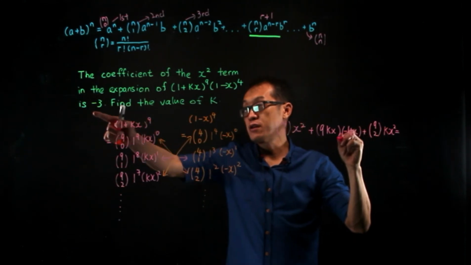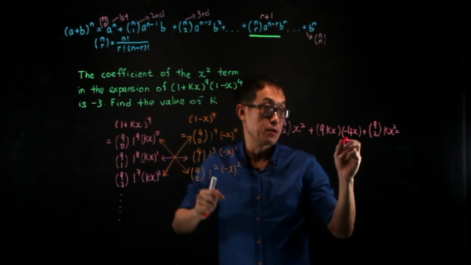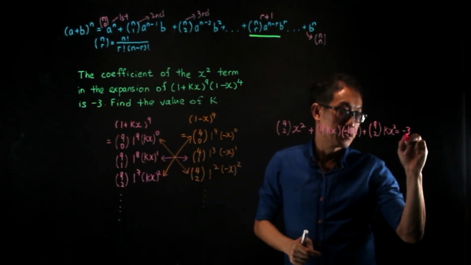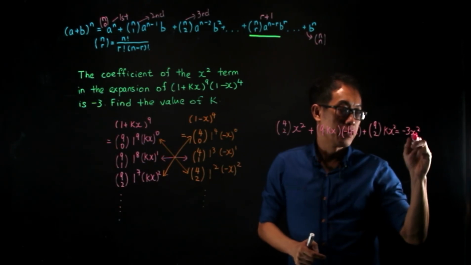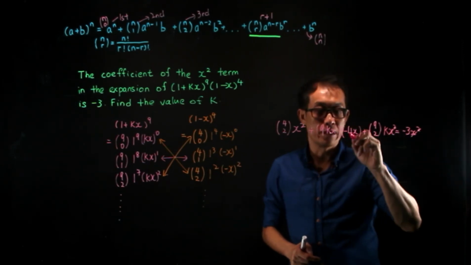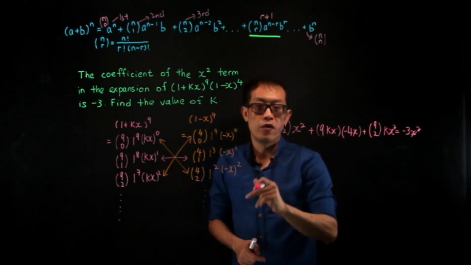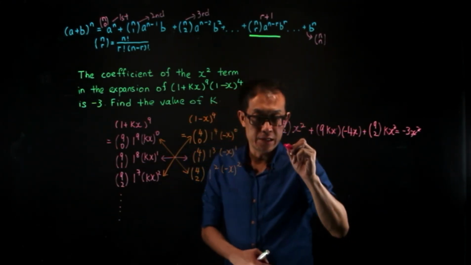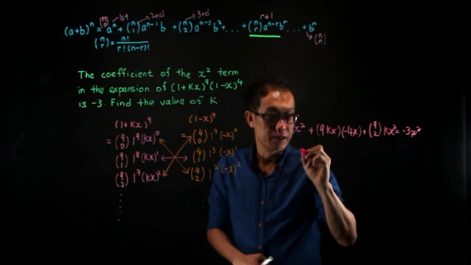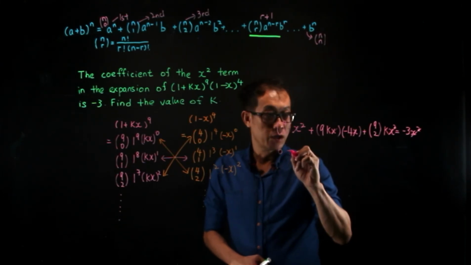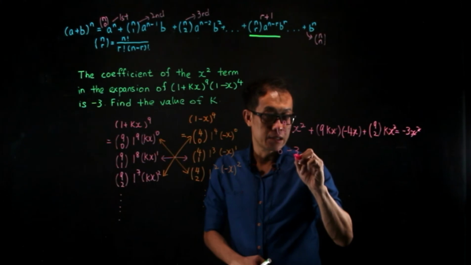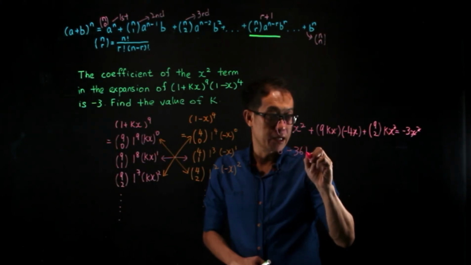Now your coefficient of x squared in this expansion is minus 3. So you got minus 3x squared. So cancel off all the x squared term. 4C2 is 6. You can press the calculator to verify that. Here you got minus 36k.